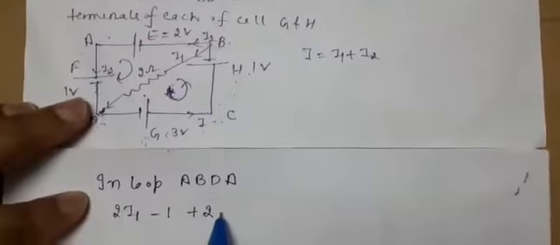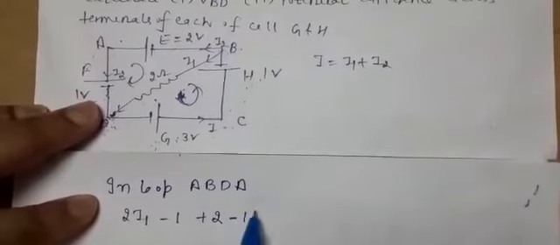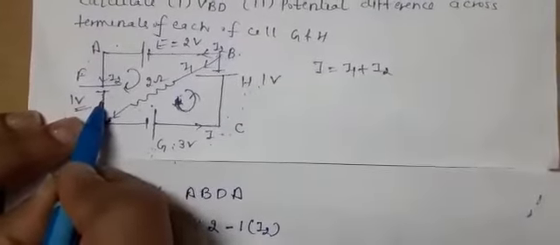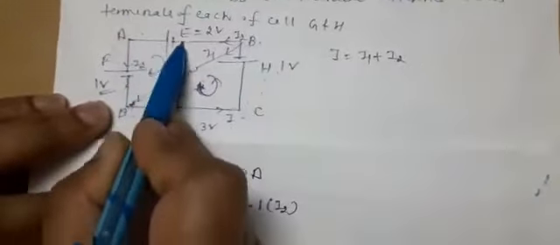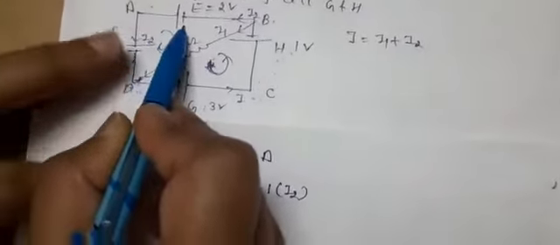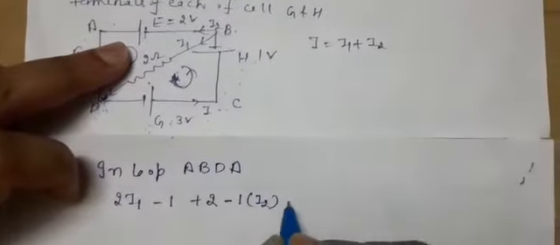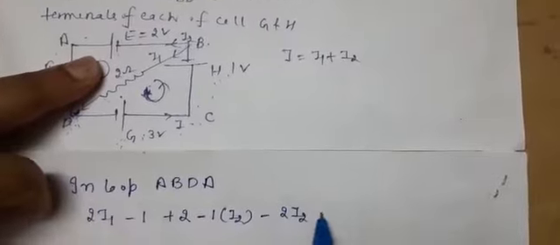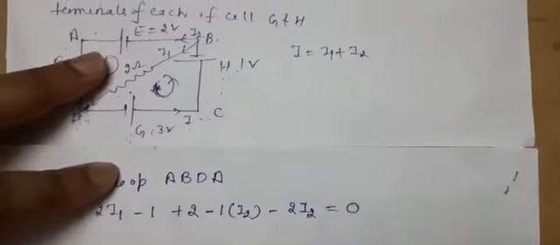So it will be minus 1 into I2, because its internal resistance is 1 ohm. Similarly, while moving along this branch, this cell has internal resistance 2 ohm, so the potential drop across that will be minus 2 into I2. Now this sum will be equal to 0.